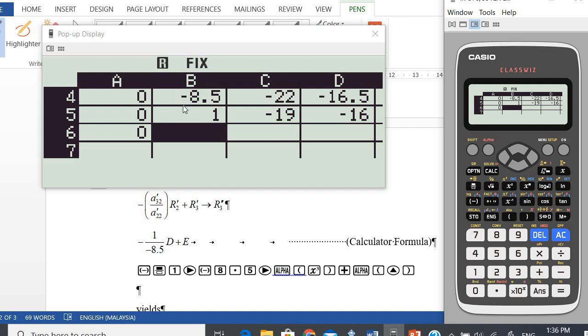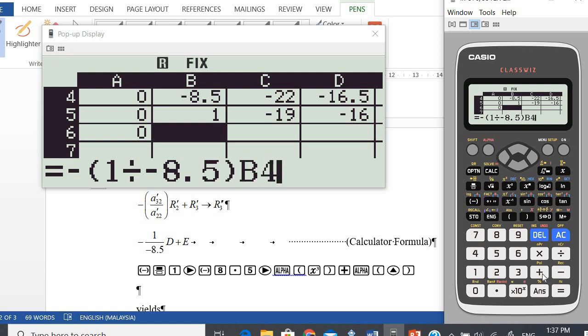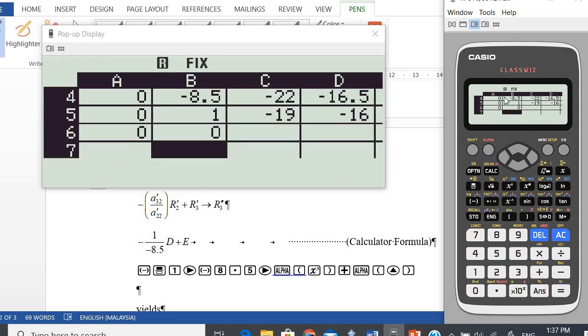Okay, the new row 2, which is actually B4, the new row 3, B5. So alpha equal negative 1 divided by negative 8.5 alpha B4 plus alpha B5. So you get it 0.